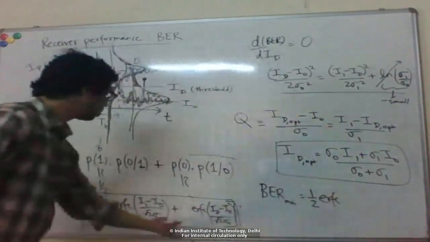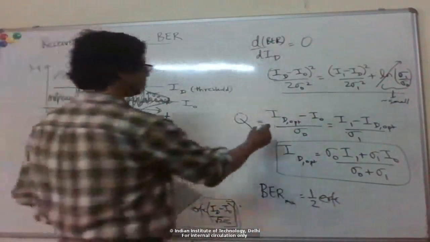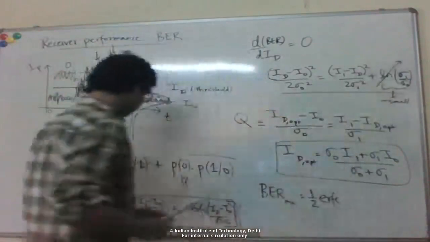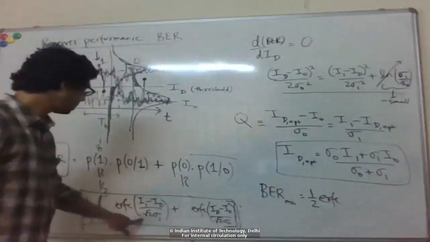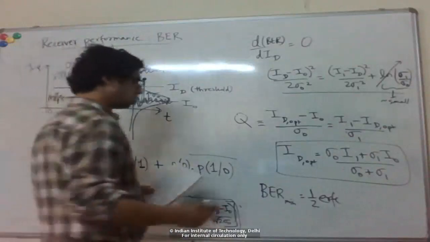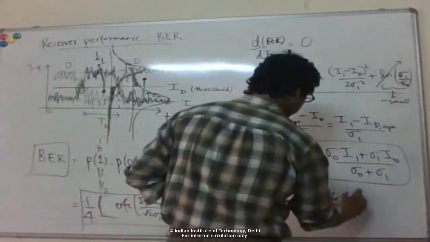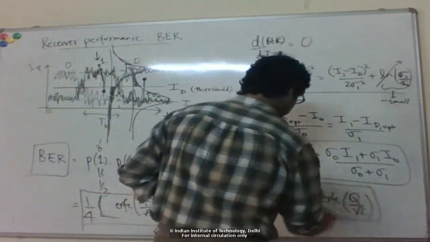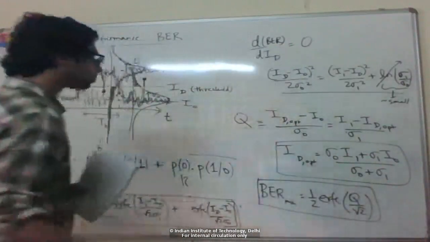So these two terms are now equal under this approximation. This is just Q by root 2, and this is also Q by root 2. So this just becomes Q by root 2, where Q is this.